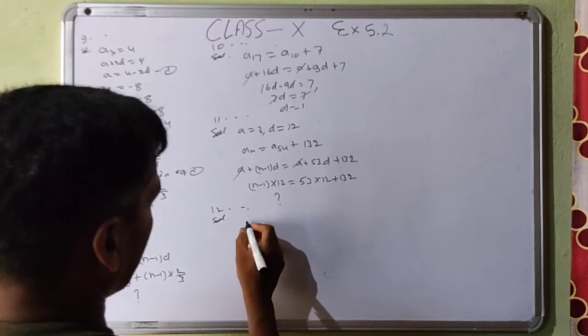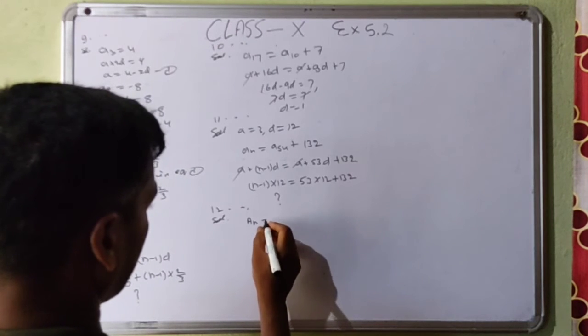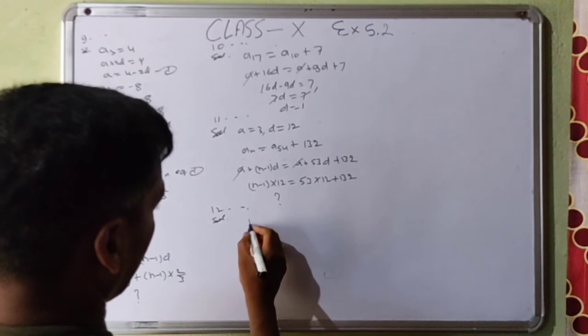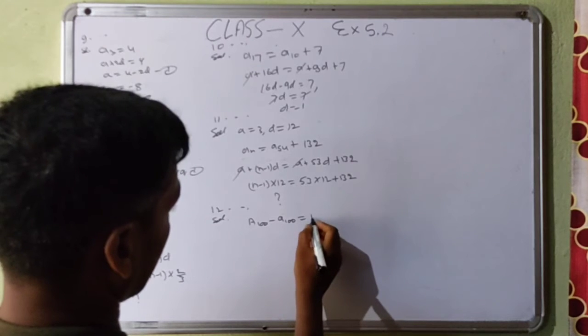First of all we can write a_n minus A_100 minus a_100 is equal to 100.